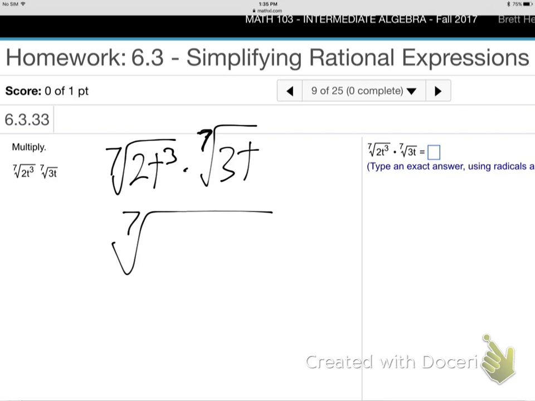So what does that mean we do? Just multiply them all together. So 2 times 3 is 6, and t to the 4th, and that's just it. There's not 7 of anything, so nothing's coming out. That's just it right there. Kind of a weird question. All good? Everybody see why nothing came out there?